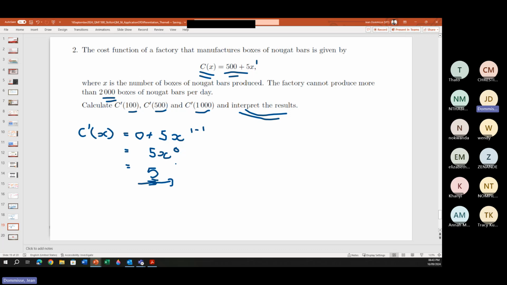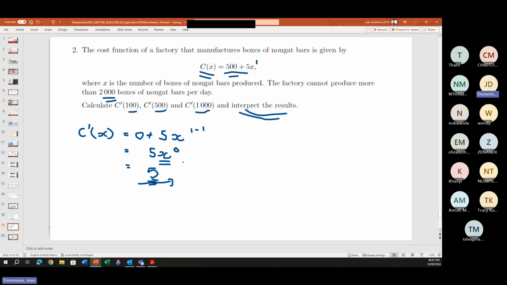Okay, so it is not impacted by how many we produce. This is really not something that we will ever see in industry. But with this one, basically what they wanted us to interpret is to say, well, it doesn't matter if you produce 100, 500, 1,000, or 2,000 boxes, your marginal cost will stay 5 Rand.